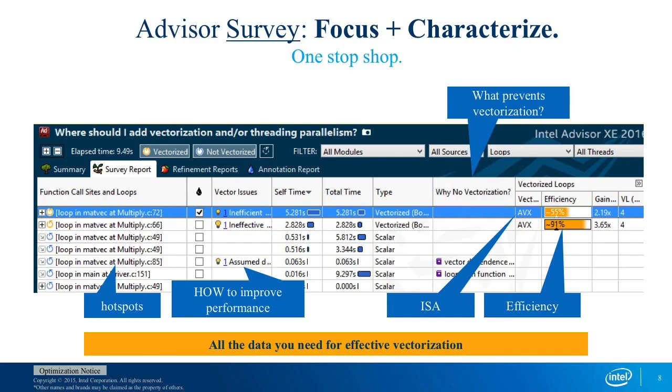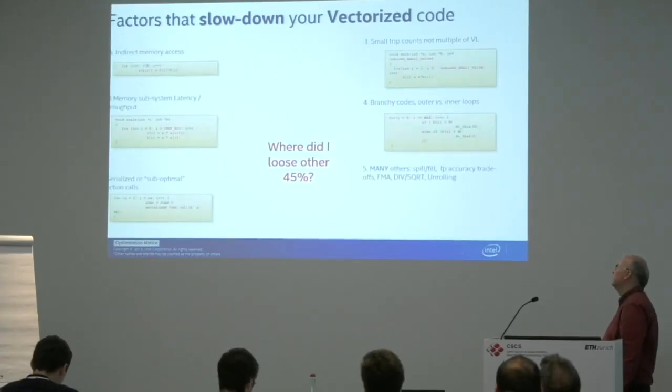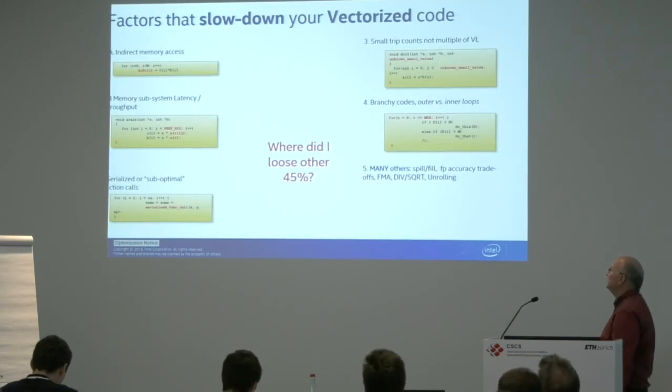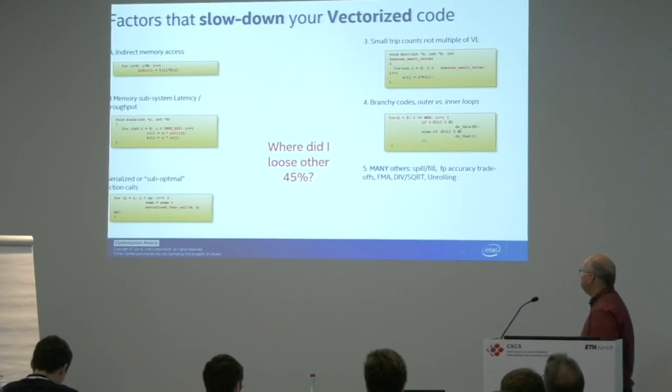So where did I lose my 45% here? It was just the factors, which is more or less the same slide that we've seen before about inefficient vectorization.